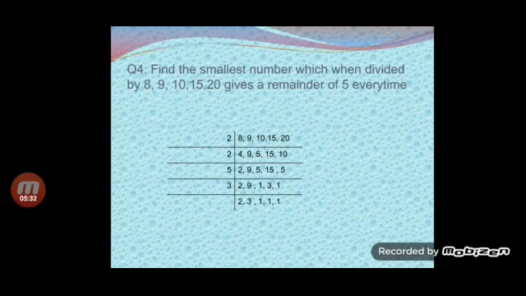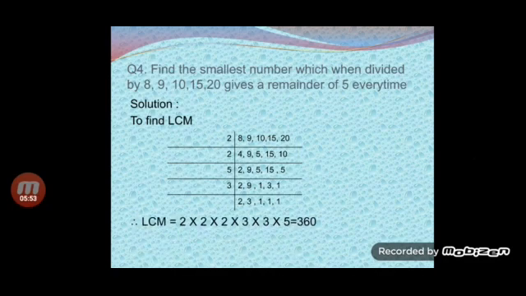So that is the catch in this question. What we have to find out is clear from the question itself. Smallest number, that means we have to find out the LCM. So we'll find out the factors first, then LCM is 360. Now here 360 plus 5 we get 365. So this is the number.